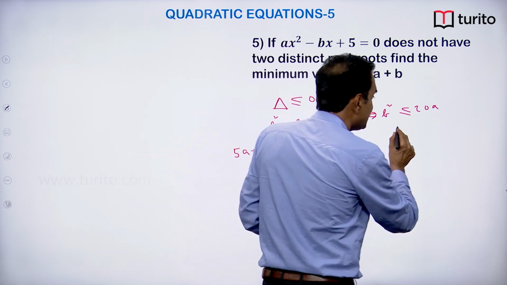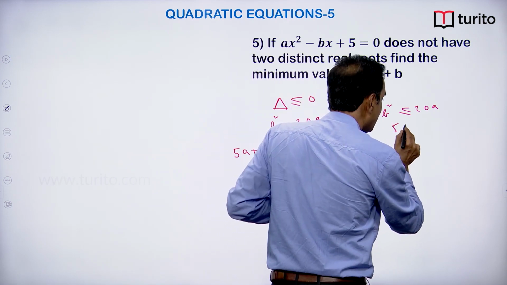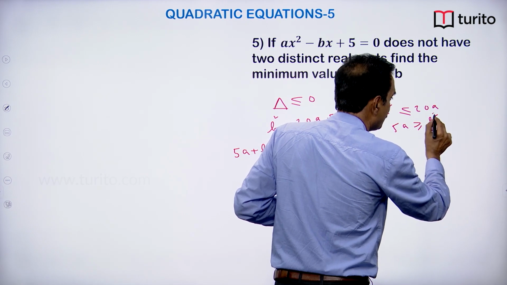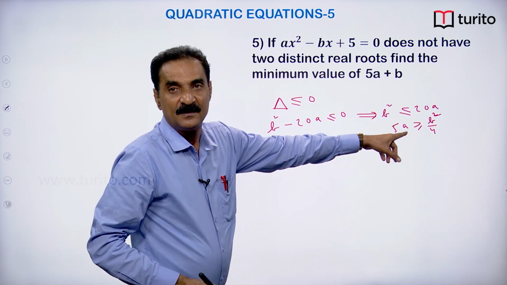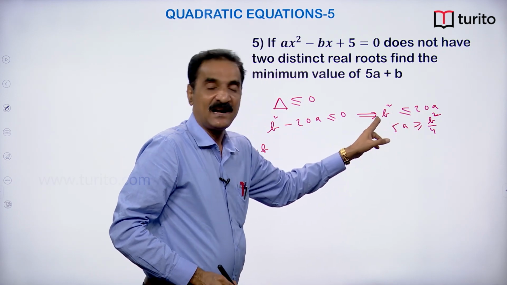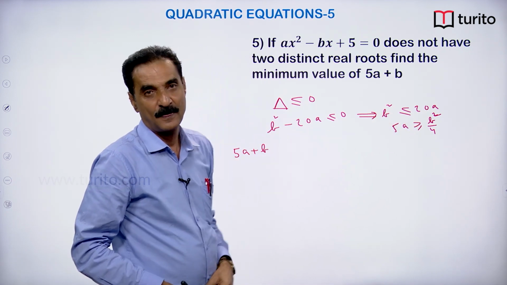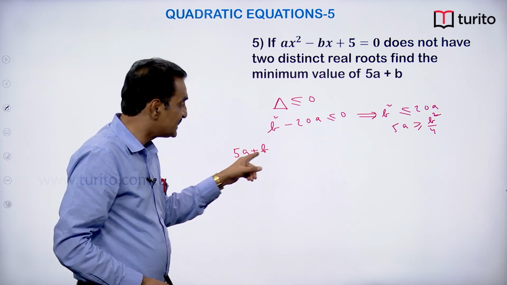So we can write 20a is greater than or equal to b square. So 5a is greater than or equal to b square by 4. Now this is 5a plus b.